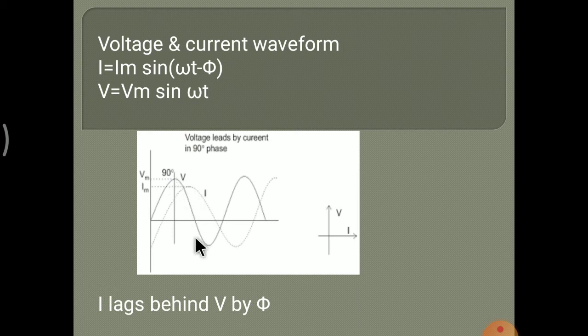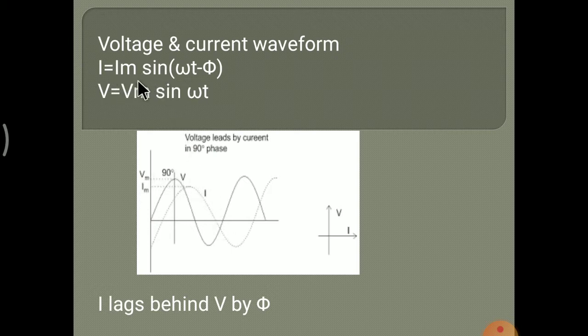We saw in the earlier lecture that when the current waveform starts after the voltage waveform, that is a lagging waveform, and when the current waveform starts before the voltage waveform, that is a leading waveform.